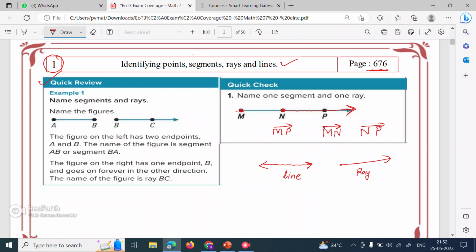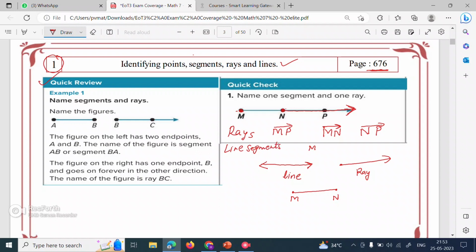Next, you have to write the segment. A segment has a starting point as well as an end point. If I start from M and end at N, it becomes a line segment. These are the rays I have written. Now, how do we write line segments?